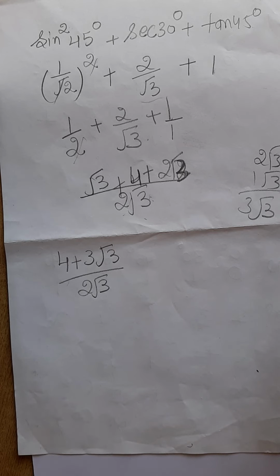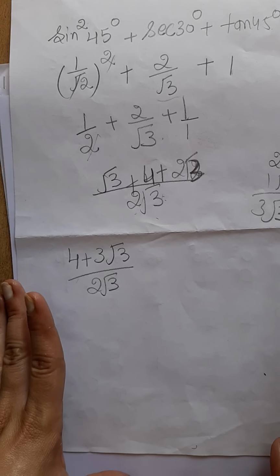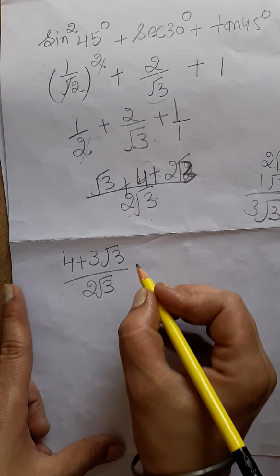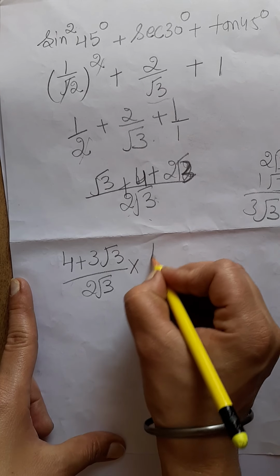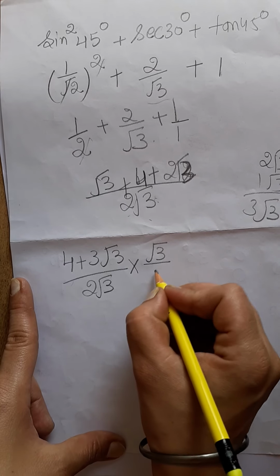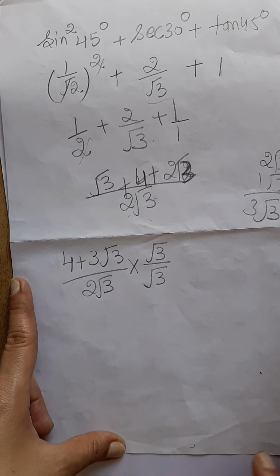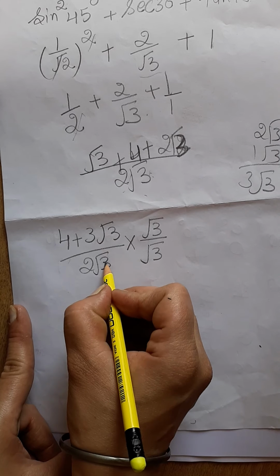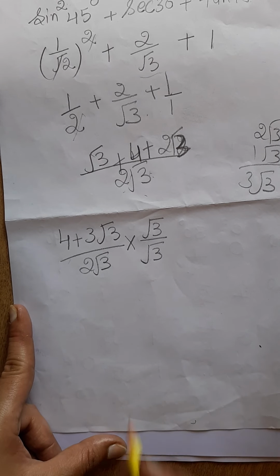But sometimes we need to remove the square root from the denominator. Okay, so by removing it, you can multiply by root 3. You can rationalize it. And you know that root 3 times root 3 gives 3.